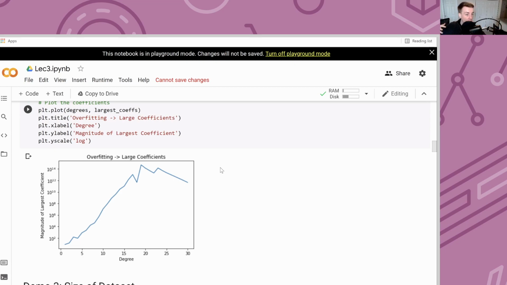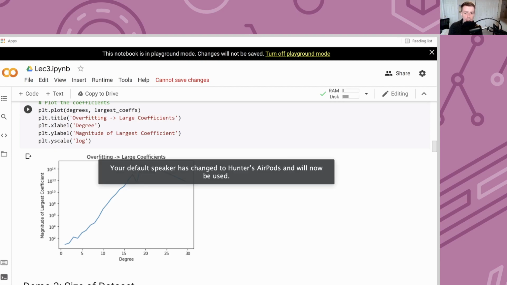But as you increase the degree, the magnitude of these coefficients blow up, whereas in a 30-degree polynomial, we're talking about 10 to the 12th magnitude for our coefficients. Those are huge numbers.